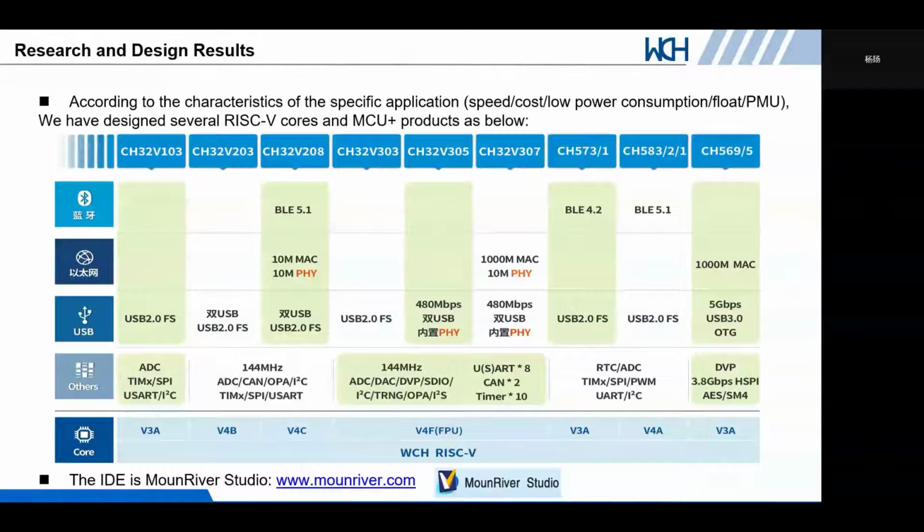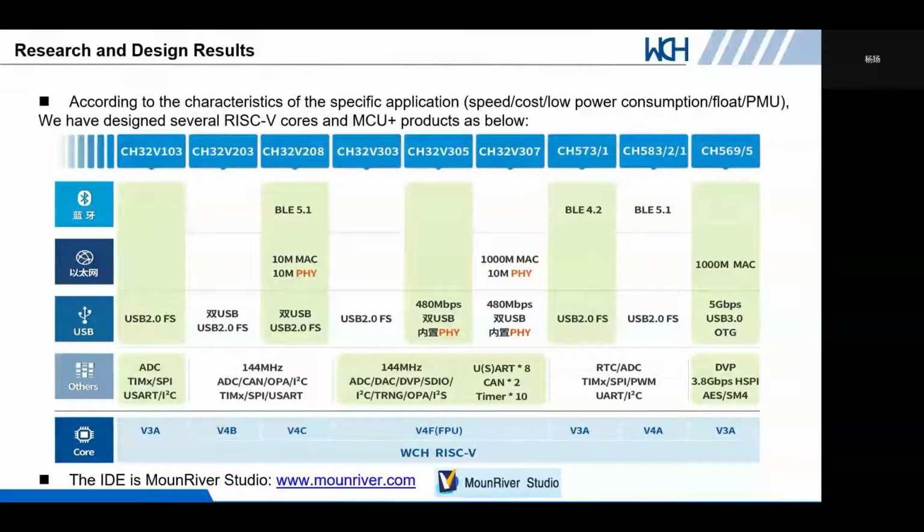And the corresponding product is CH32V307. In addition, our innovative general purpose 32-bit RISC-V MCU has Bluetooth LE 5.1 and its product is CH32V208. Main frequency 144 MHz, dual USB.